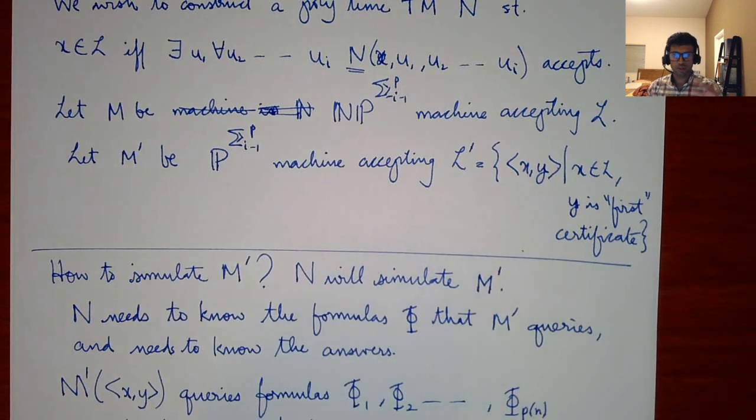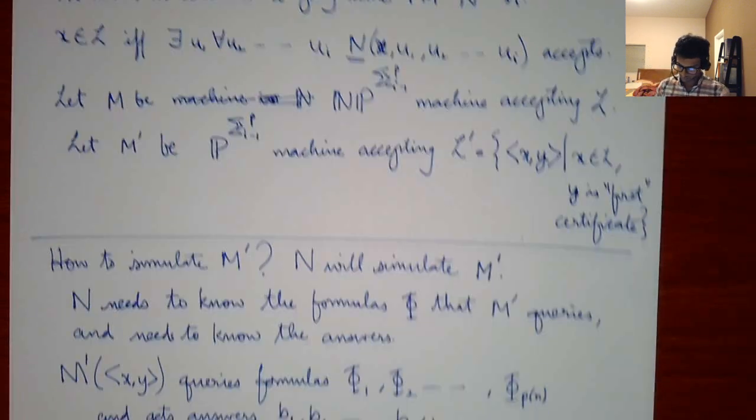First is just going to check, are the answers to the formulas correct? And if the answers to the formulas are correct, then it can go ahead and do the simulation and just check that the formulas being generated are the correct ones. Okay?